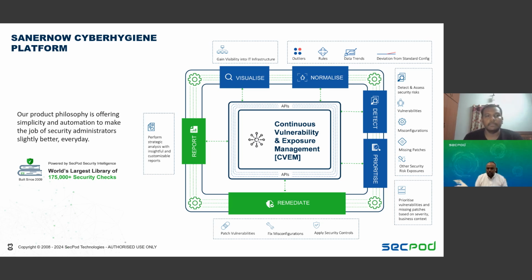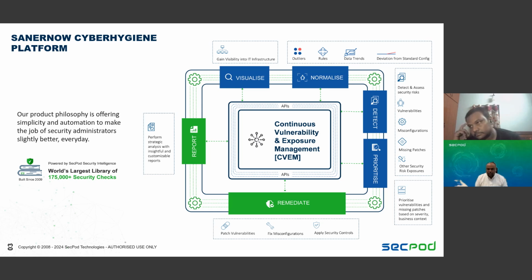Once we detect all those vulnerabilities or deviations, the next logical step is to prioritize them. Prioritization helps us identify, among thousands of vulnerabilities or deviations, those which are critical.